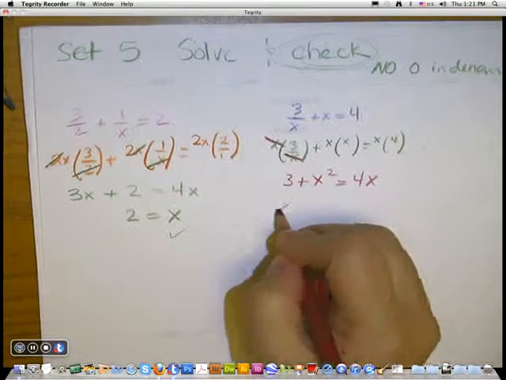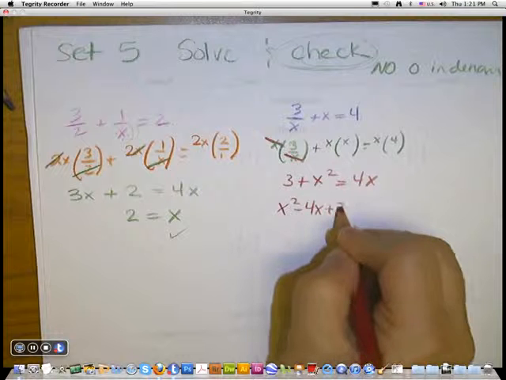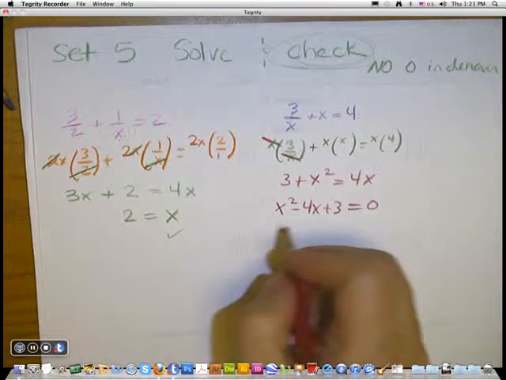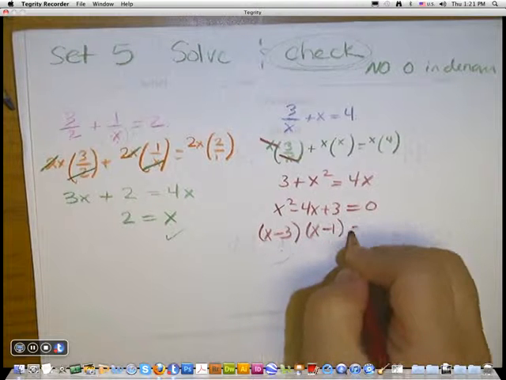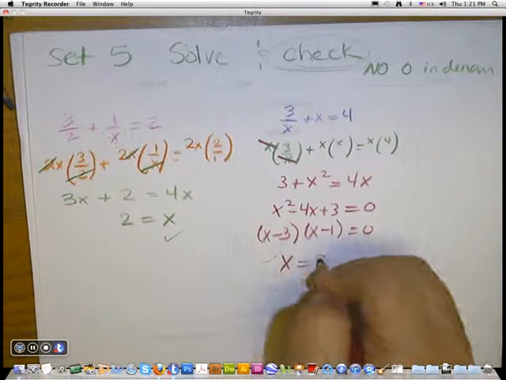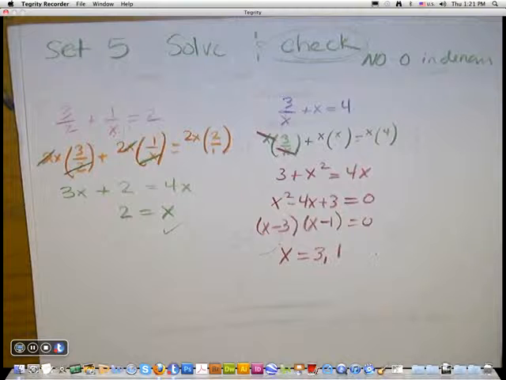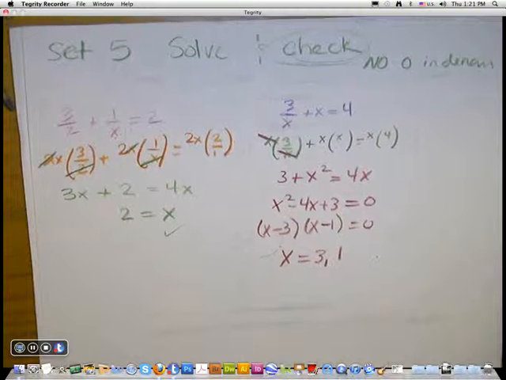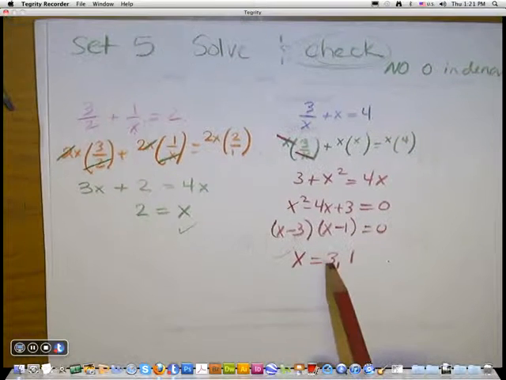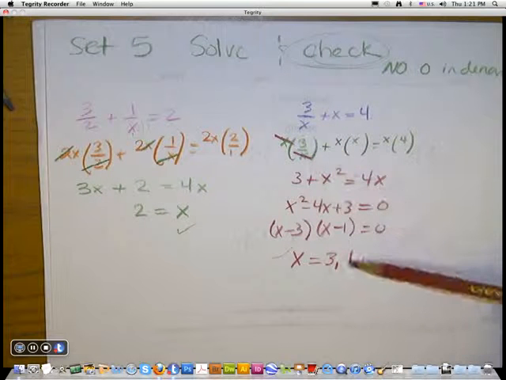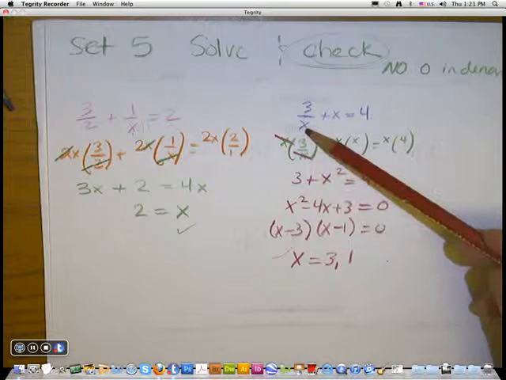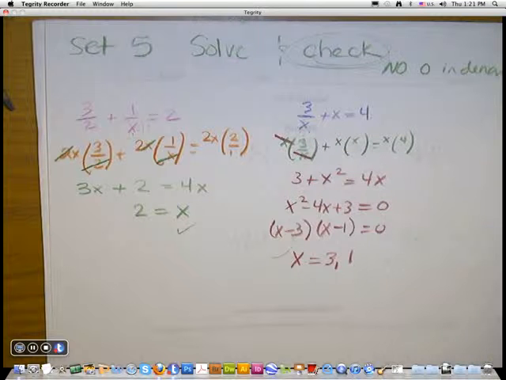If I have a square, I need to set it equal to 0 so that I can factor and solve. And when I factor and solve, I need to make sure that that works. If I put a 3 in, I don't get a 0, I'm good. If I put a 1, I don't get a 0, I'm good. You're done.